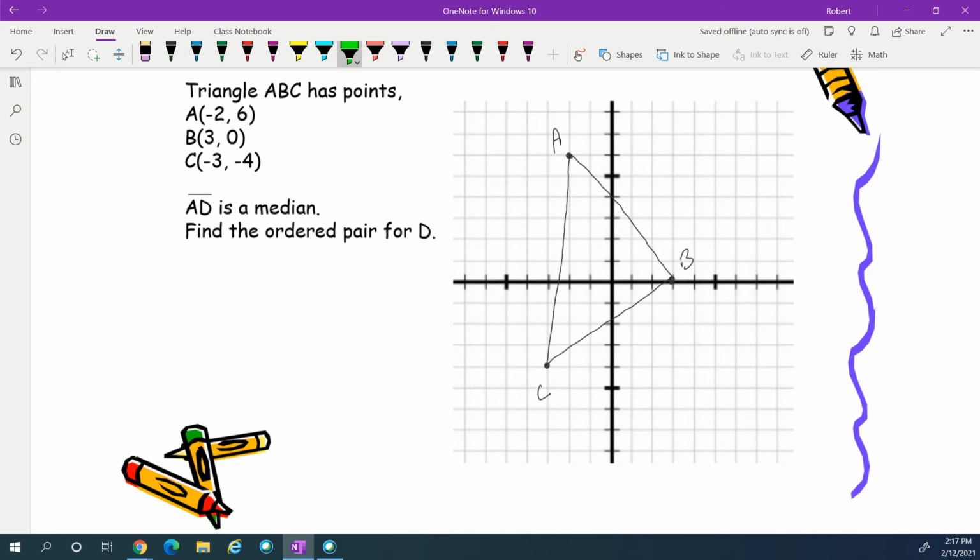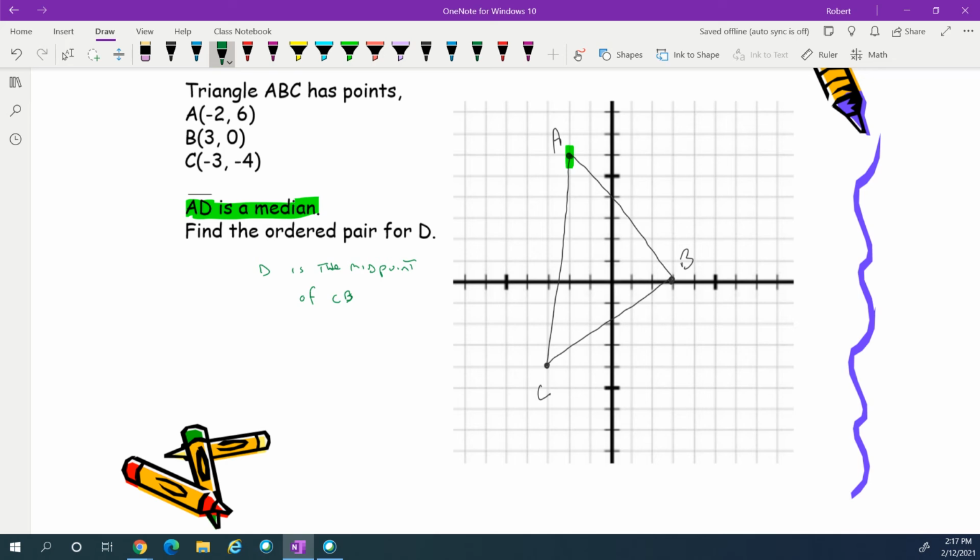AD is a median. Well, we already have A. A is the vertex. So that means D is the midpoint of the opposite side. A median goes from the vertex to the midpoint of the opposite side. So we're going from A, the vertex, to D, the midpoint on the opposite side.